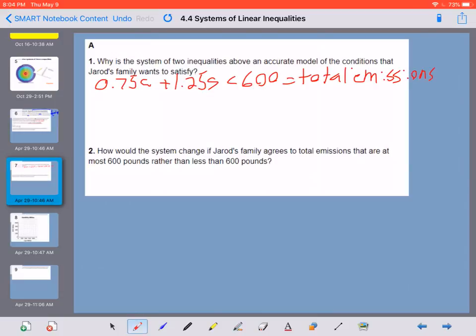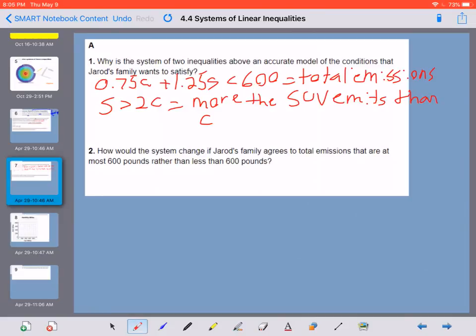And then the other one, S is greater than 2C, that's going to give us how much more the SUV emits than the car. So this is going to tell us how many more miles we drive the SUV than the car, and how much more we are emitting of CO2 if we have that.